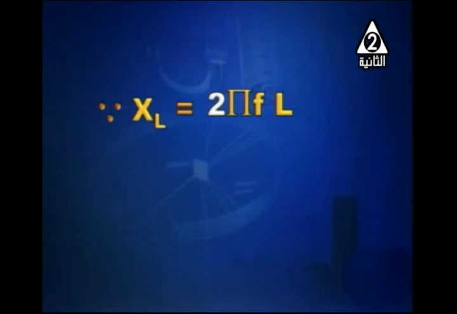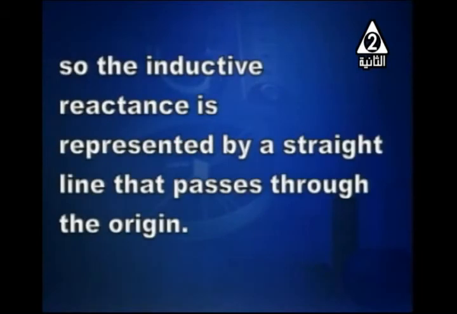Since XL is equal to 2 pi FL, the relation between XL and frequency is direct. So XL is directly proportional to the frequency and directly proportional to the inductance. So the inductive reactance is represented by a straight line that passes through the origin, if we want to plot the relation between reactance and frequency.